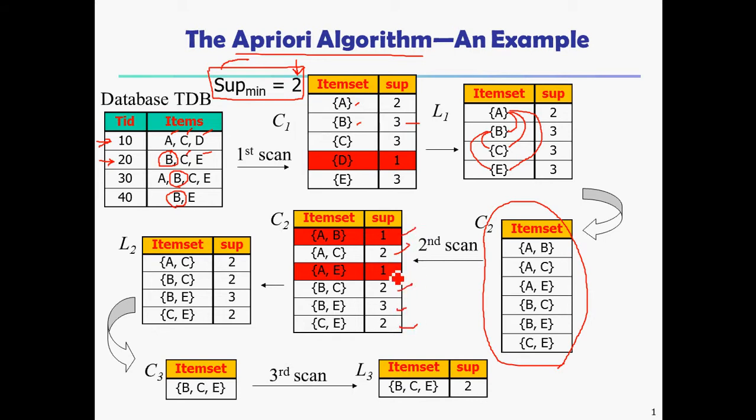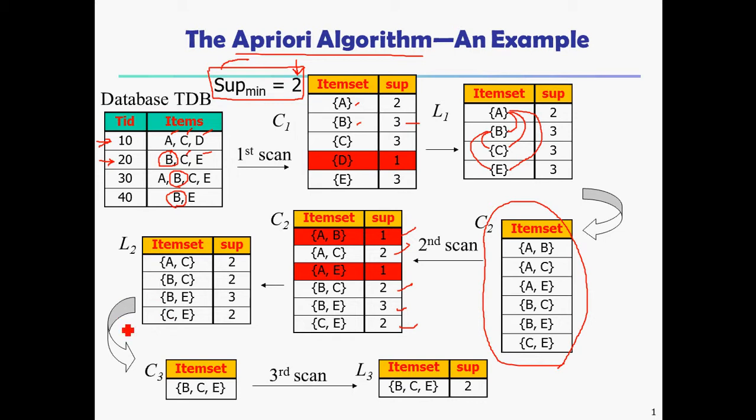Therefore, if there are any associations not supported by the minimum support, then those associations will be pruned out, will be removed. So after removal of such under-supported associations, we now have 4 associations.